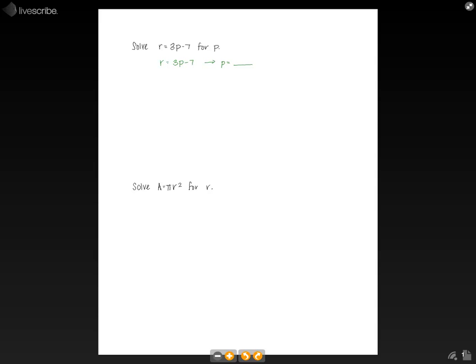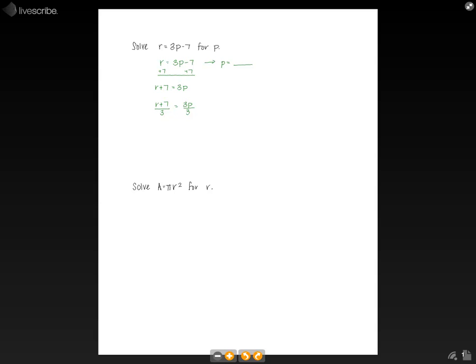Alright, so to do that, the first thing we need to do is add 7 to both sides of the equation. That leaves us with r plus 7 equals 3p. Alright, so to get rid of the 3, now we need to divide both sides by 3. So we have (r plus 7) over 3 is equal to 3p over 3.